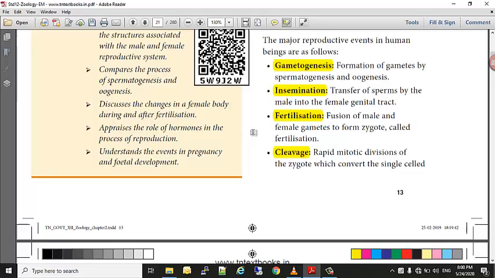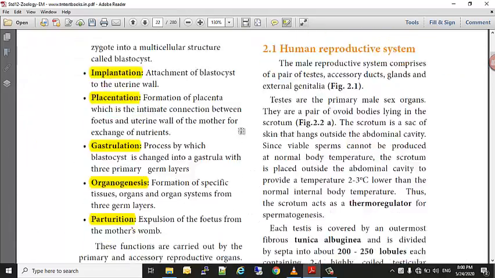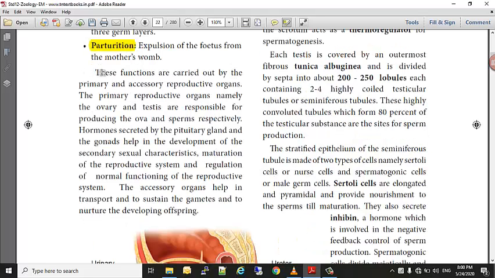So let us be very clear with the human reproductive system. We will study the structure and simultaneously the function. These functions are carried out by primary and accessory reproductive organs. Primary means very essential and basic. Accessory means helping; something that will help you.